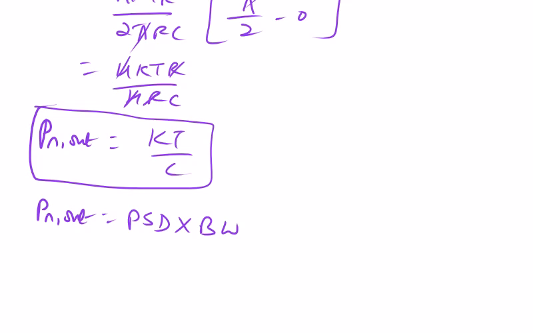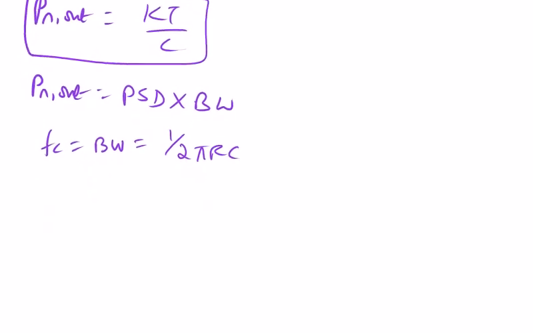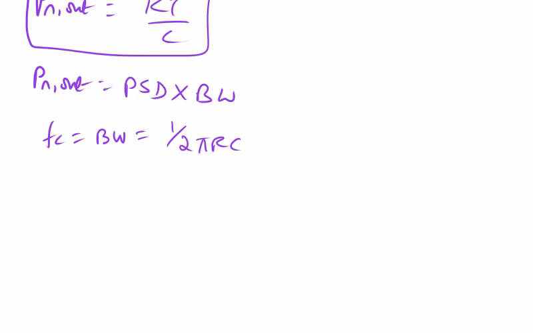Increase the value of C, so bandwidth decreases and PSD remains the same. Why? Because f_c is your cutoff frequency, which is equal to the bandwidth, and that is equal to 1 over 2 pi RC. So noise power output decreases, as it is a product of bandwidth and power spectral density.